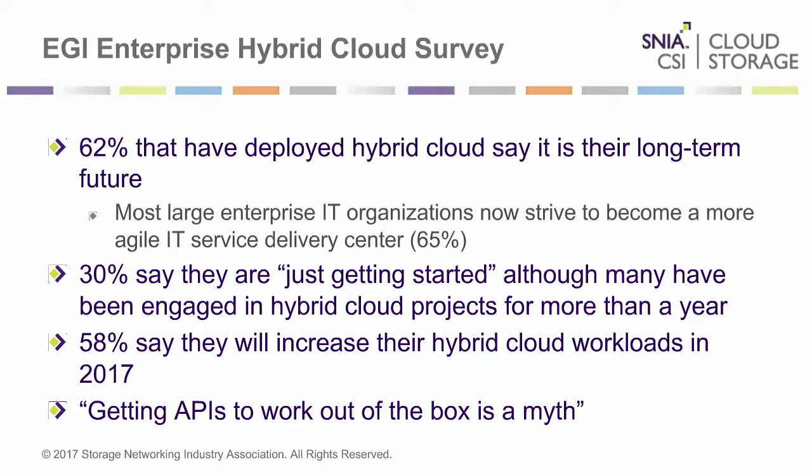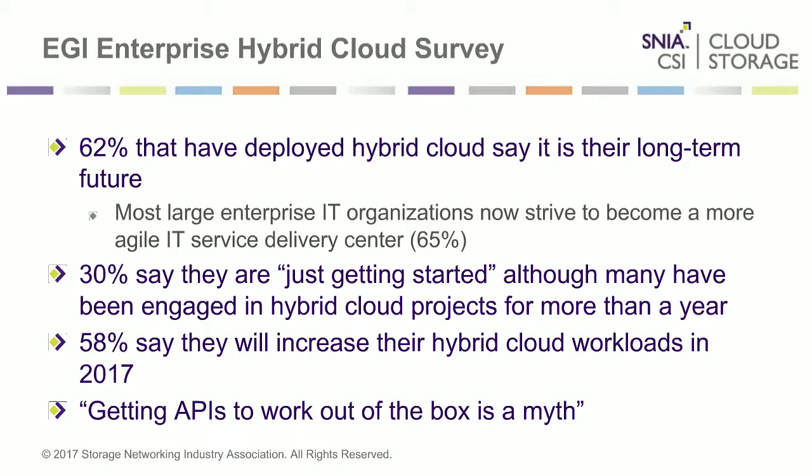But one of the biggest inhibitors, and I'll talk about this more as I go along, is getting things to work together. So complexity comes from building a hybrid cloud architecture from multiple piece parts. The typical glue that people use to stick things together these days is the API, the application programming interface, which is in a way the new middleware.